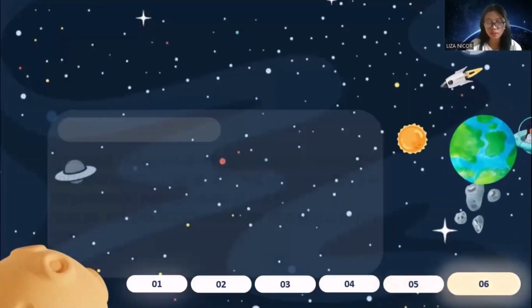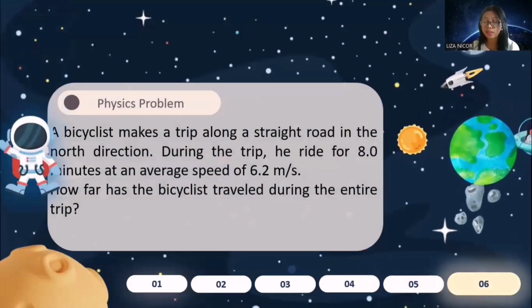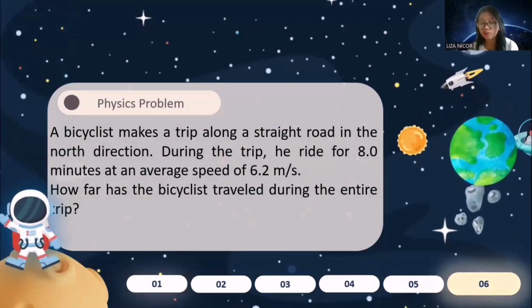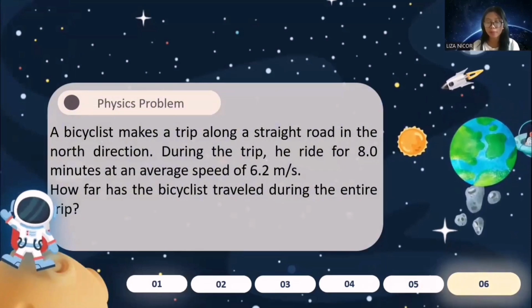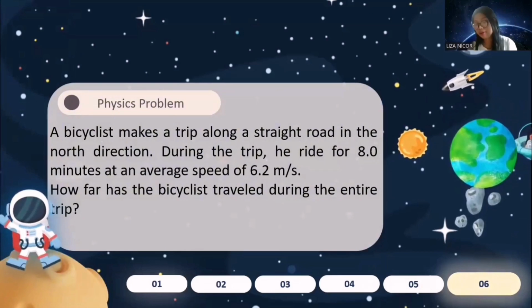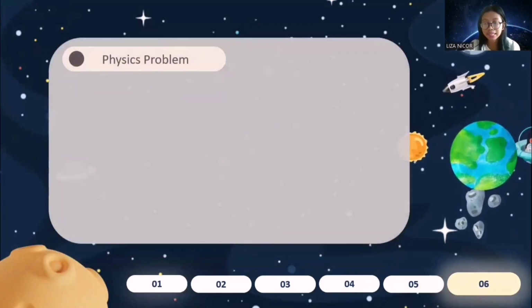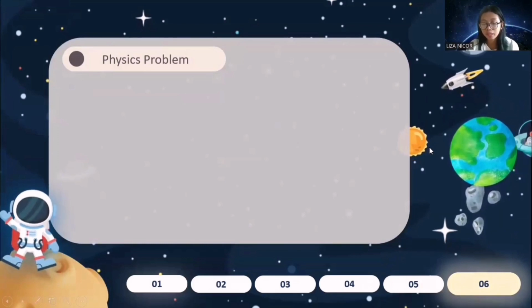A bicycle makes a trip along a straight road in the north direction. During the trip, they ride for 8 minutes at an average speed of 6.2 meters per second. How far has the bicycle traveled during the entire trip? Before that, let's analyze the given problem and find the given.